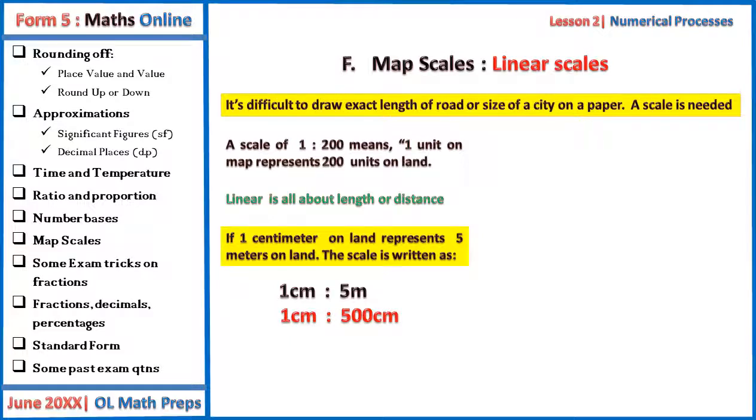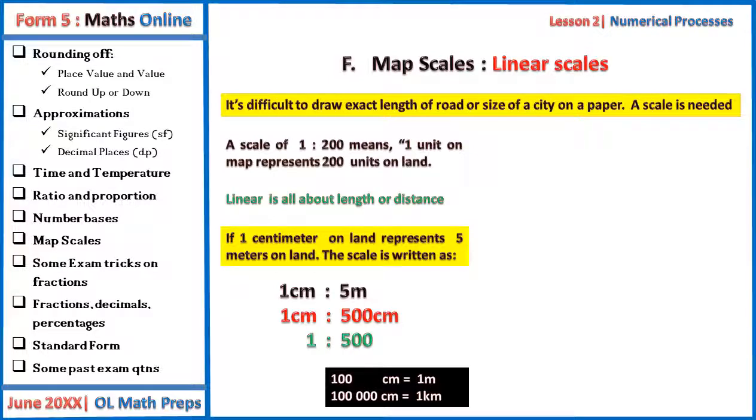So in this case, I will have 1 centimeter to 500 centimeters. Note that 100 centimeters make 1 meter. Therefore, 5 meters is 500 centimeters. And we can cancel out the centimeters and you'll be left with a scale of 1 to 500. Equally, 100,000 centimeters makes 1 kilometer.